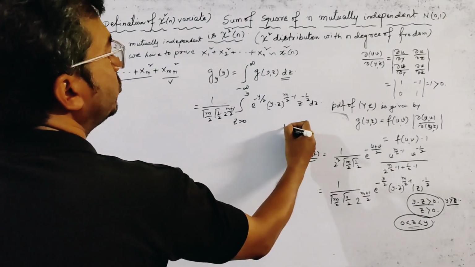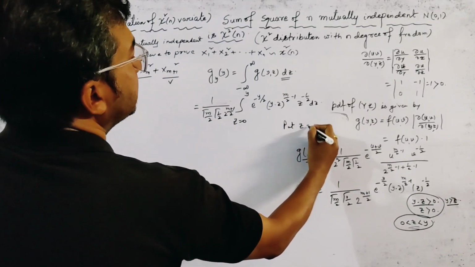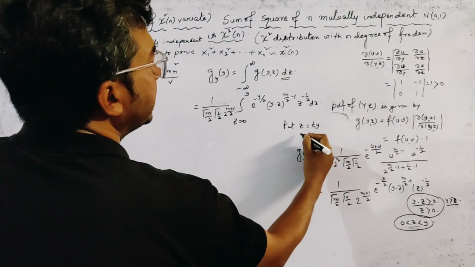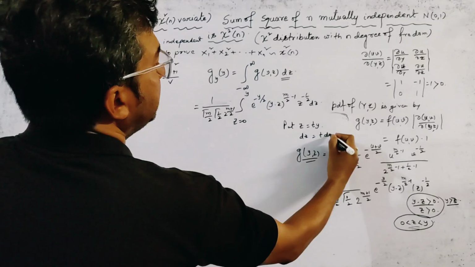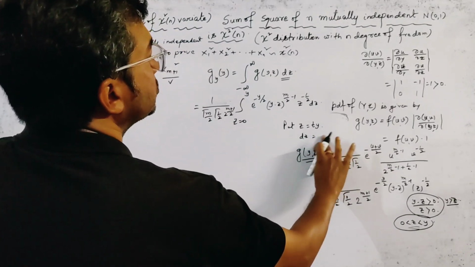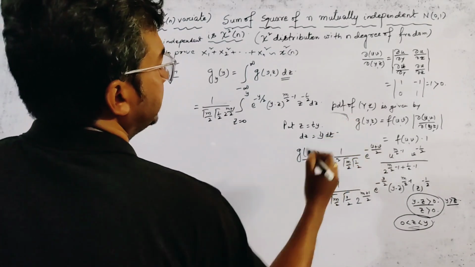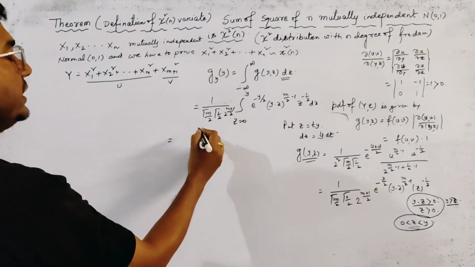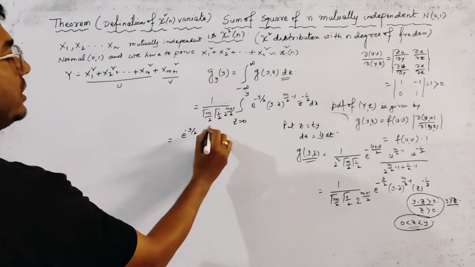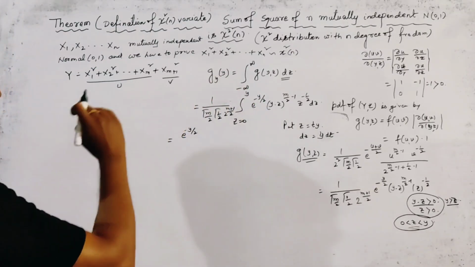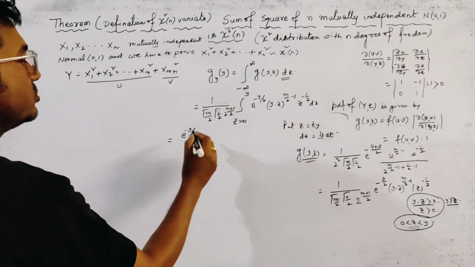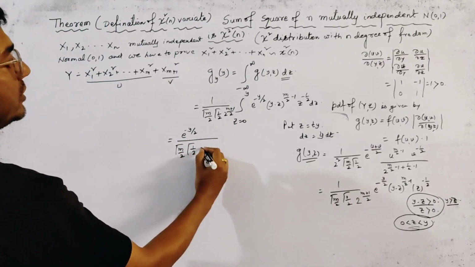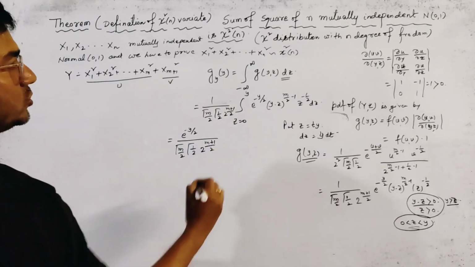Okay, and put z equal to ty, and obviously dz equal to y dt. Sorry, y is constant, so y dt, and the ranges also change. Here we get e to the power minus y by 2, we write this term also outside the integration because y is constant with respect to z, by gamma m by 2 gamma half 2 to the power (m plus 1) by 2.